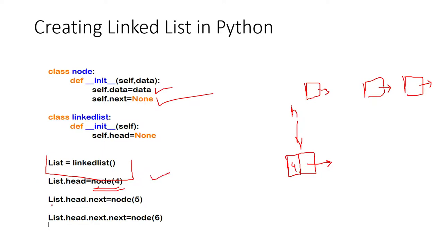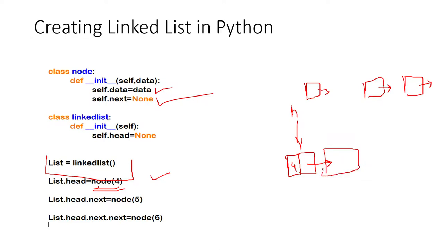Now the next line, list.head.next is equal to Node(5). So this is the list object, .head means this object of head, and after that .next means this next points towards Node(5).